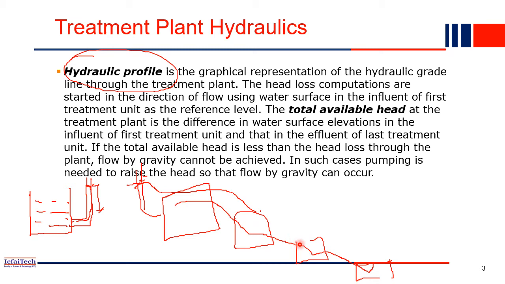So if head loss is more than the total available head, in that case you need to do pumping. If the available head is more than the head loss, then obviously water will flow by gravity. So we should design a system where less pumping is required, right?